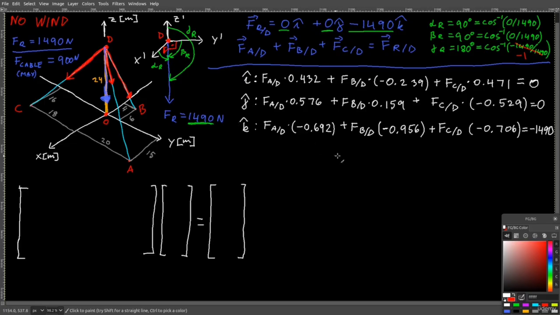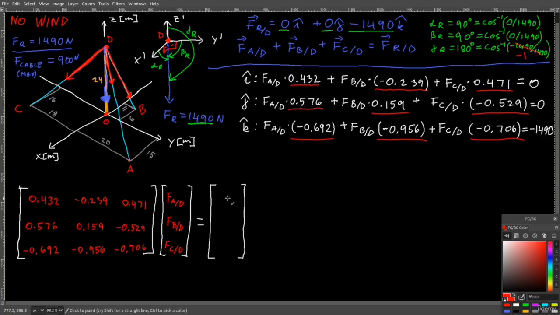For that, I'm going to write these 3 equations in the matrix vector form. In this vector, I'm going to put my 3 force magnitudes. Then all these numbers, they will go inside this matrix. And then here I will have 0, 0, and minus 1490. So let this matrix be A, let this vector be x arrow, and let this vector be b arrow. And so you have this form, A matrix times this unknown vector that you have to find, and then this b vector.